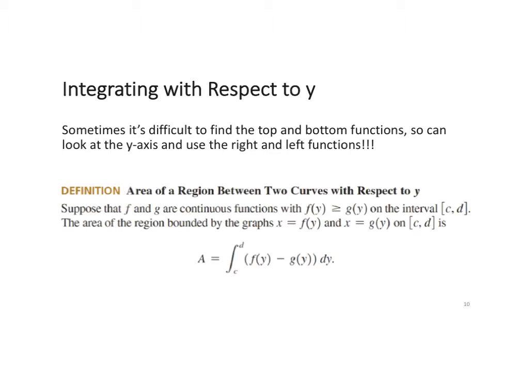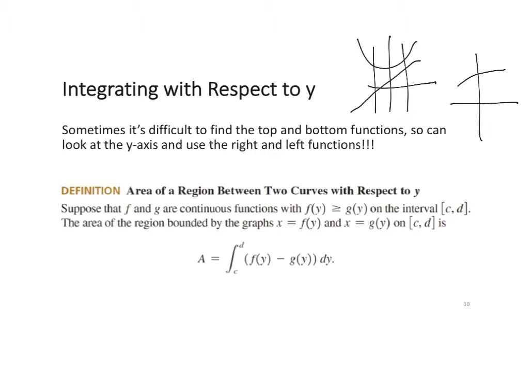Well, if you have x as a function of y and x as another function of y, so we have f of y and g of y, we're kind of turning our head sideways. Instead of thinking of top and bottom like that, we're actually thinking right to left or left to right.